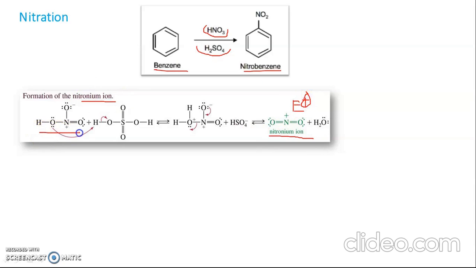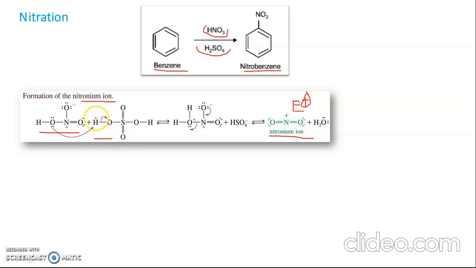So this is HNO3, this is H2SO4. Here HNO3 is not as strong as H2SO4, so that is why we observe protonation of HNO3 by H2SO4. As HNO3 is less acidic than H2SO4, it is acting as a base.